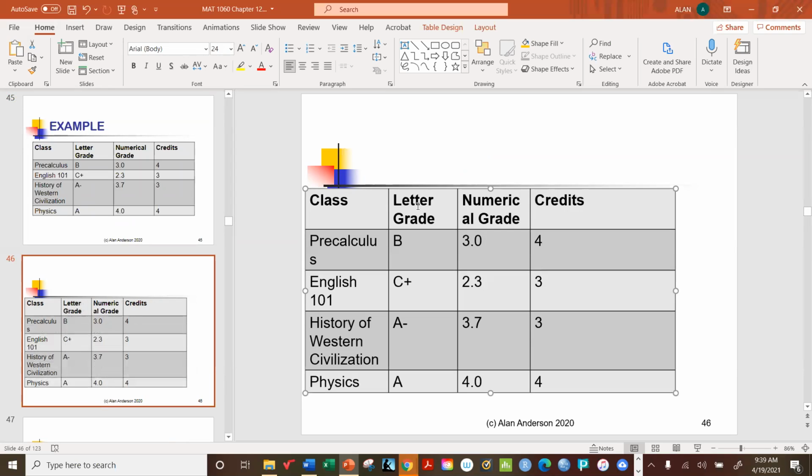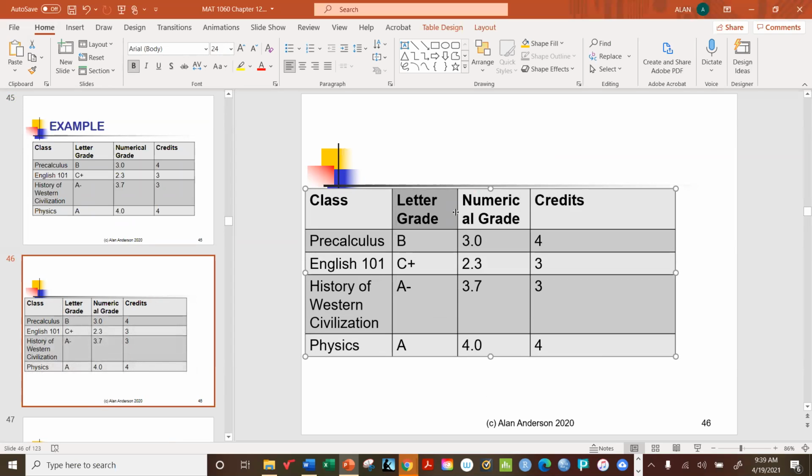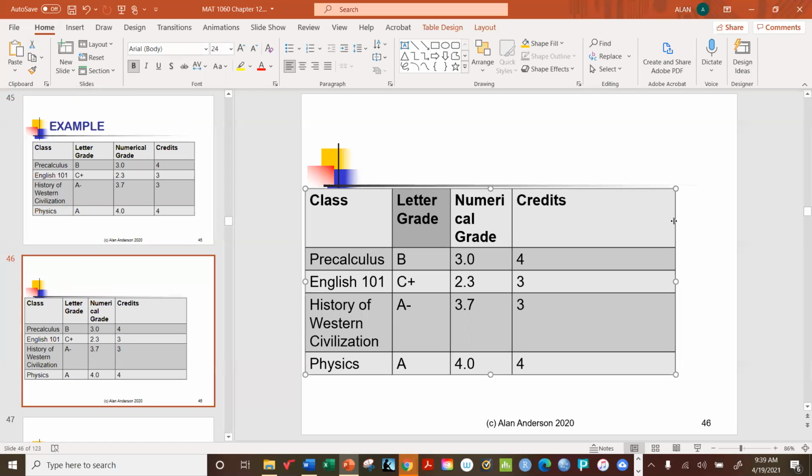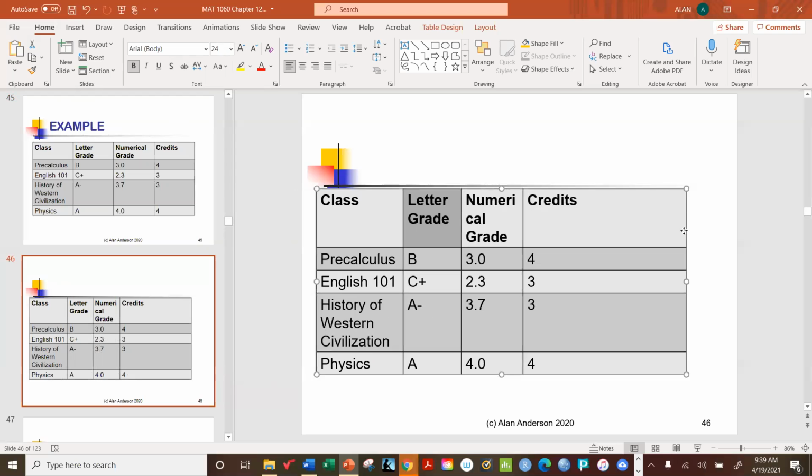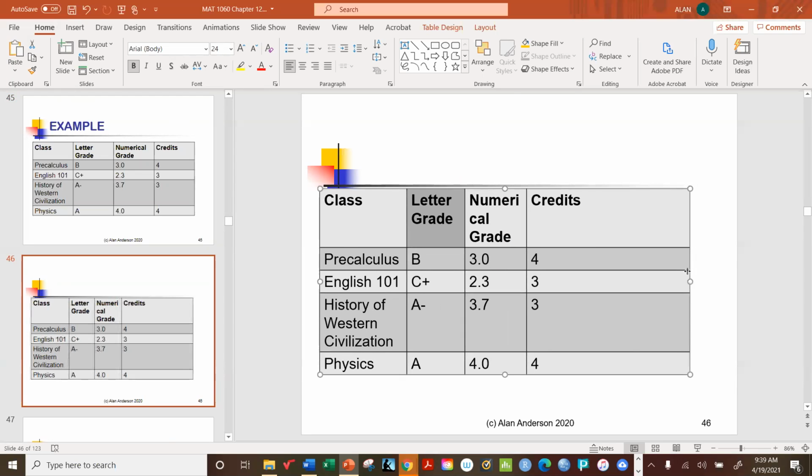I don't actually need the letter grades for what I'm about to do, but I want to keep them all together in one place. What I'd like to do is show you where the X's and the W's are.